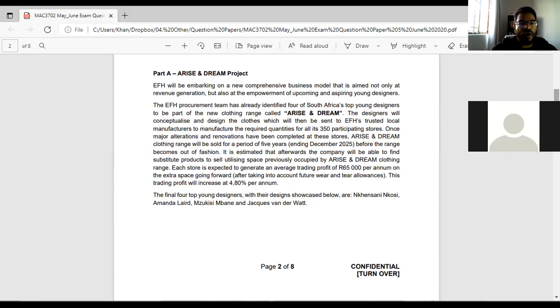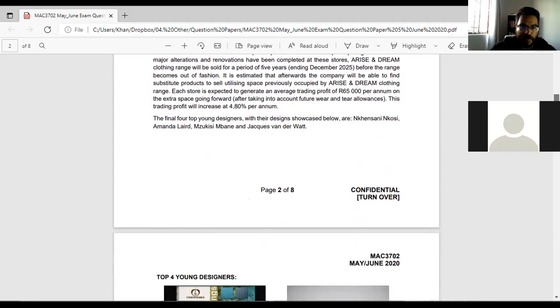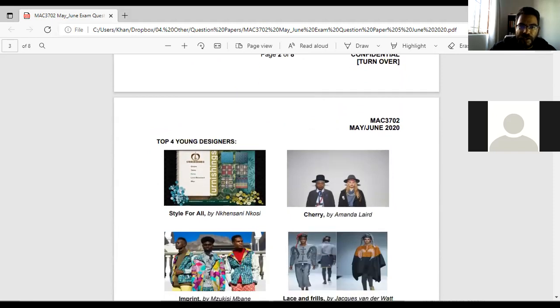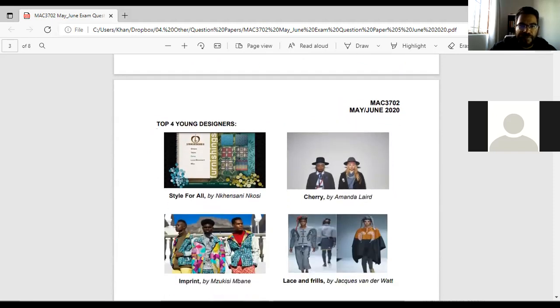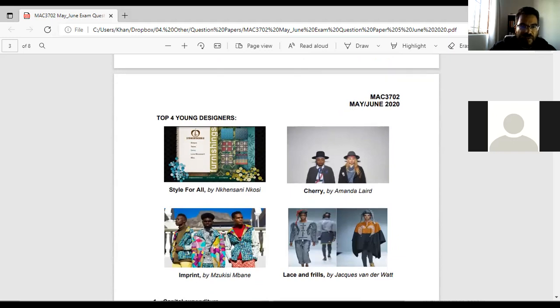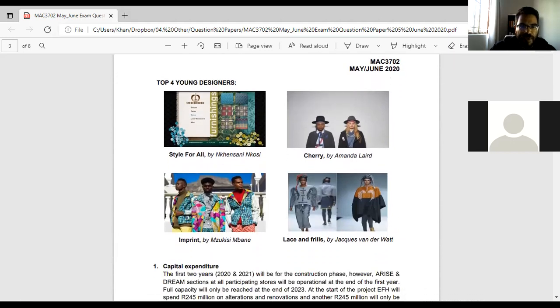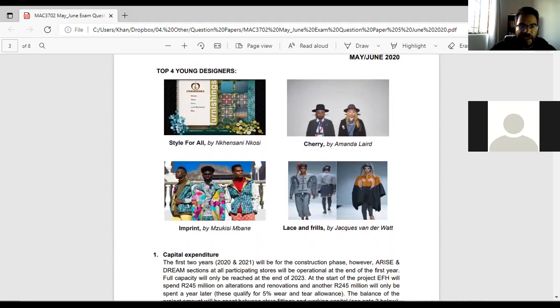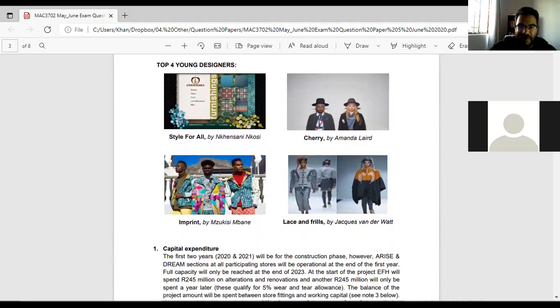The final 4 top designers with the designs showcased below are Nkosi, Amanda, Mbani, and Jacques. Okay, so let's have a look. So there you have Amanda, we have Nkosi, which is Style for All, then we have Imprint, which is Mbani, and then we have Frills, which is Jacques.